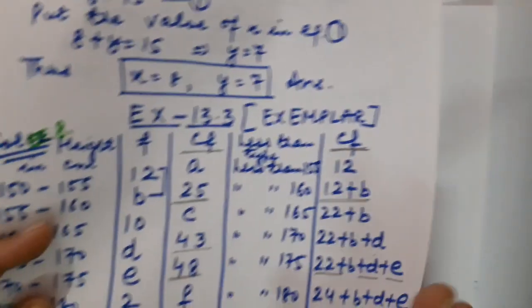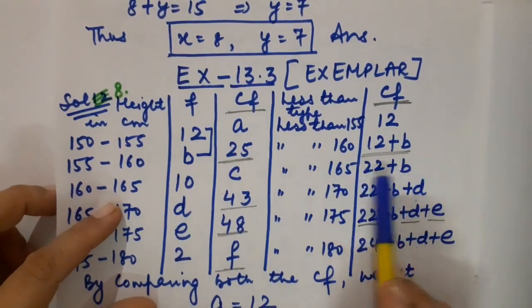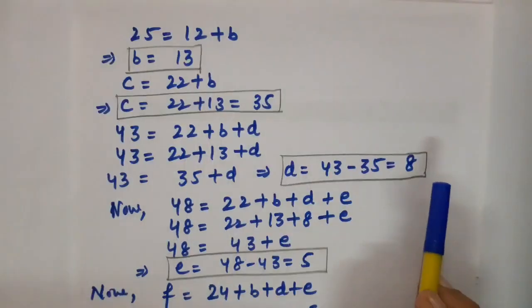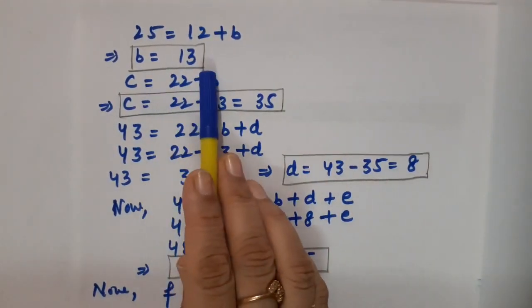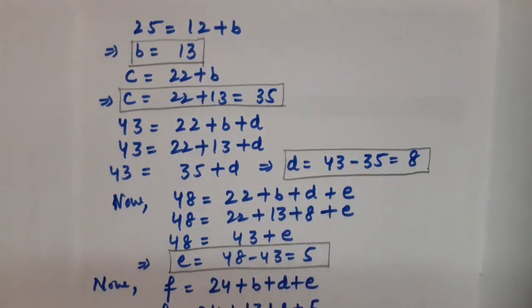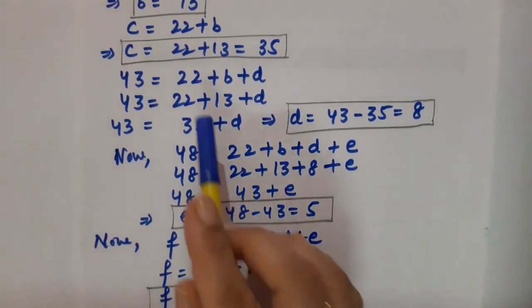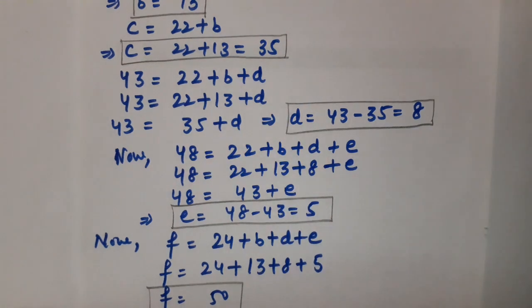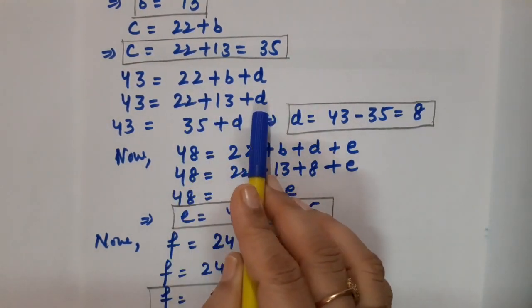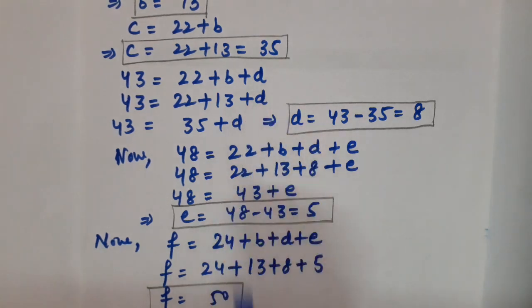Okay. So children, in the same manner, 22 plus B must be compared with C. The value of B I have already got, so let us substitute the value of B over here to get the value of C, which is 35. In the same manner, each and every cumulative frequency which is given in the question will be compared with the corresponding cumulative frequency prepared by us.